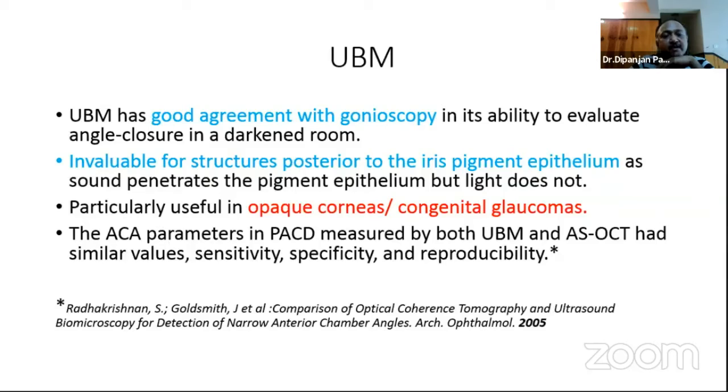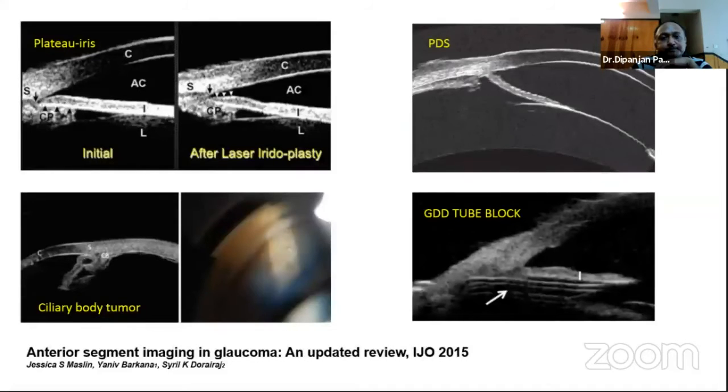It is invaluable for structures posterior to the iris pigment epithelium, as we know that sound penetrates the pigment epithelium but light does not. And it is particularly useful in opaque corneas and congenital glaucomas, and the anterior chamber angle parameters, like angle PACD, measured by both UBM and ASOCT had similar values, sensitivity, specificity, and reproducibility.